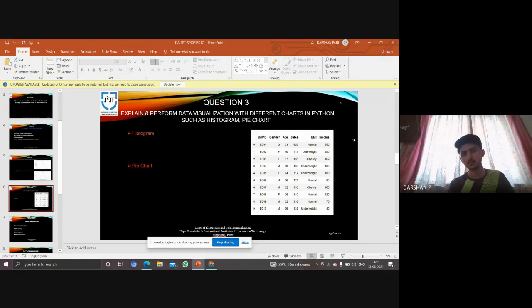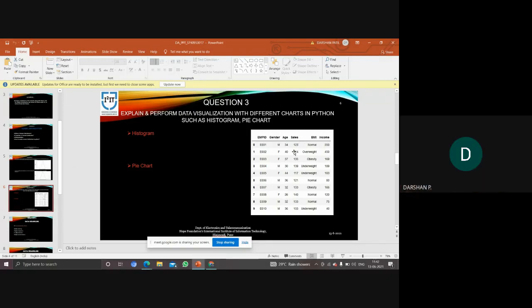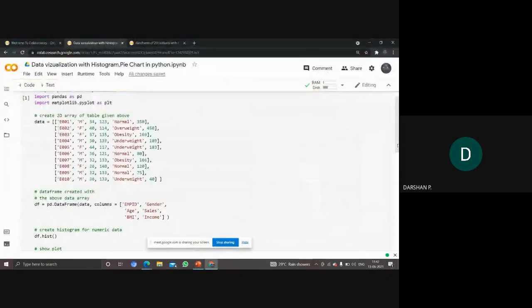Here I take the example of the ages of sales workers, their sales, their income, and their employability number. Firstly we take the histogram. So what does a histogram actually do?